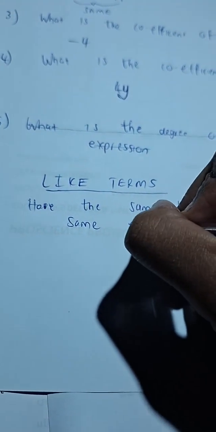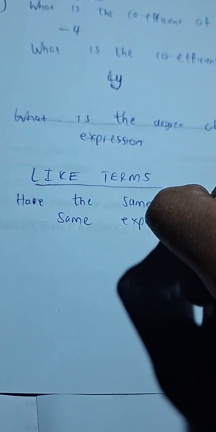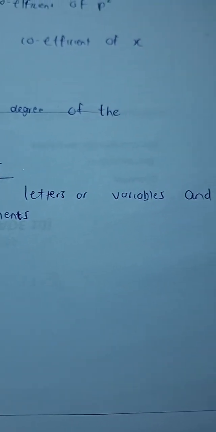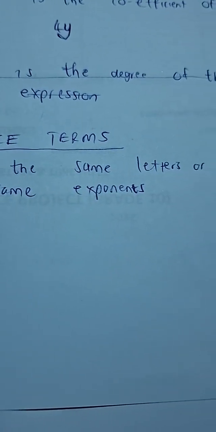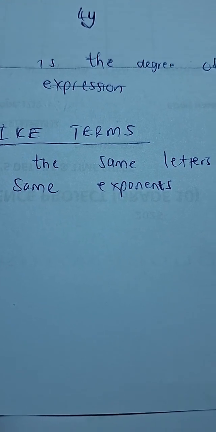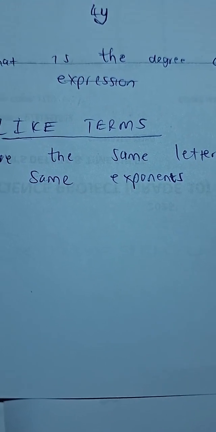It can't just be the same letters alone. It must also be the same exponents, right? Those are like terms. Very important that it must be both the exponent and the letter that is the same for us to say those are like terms.